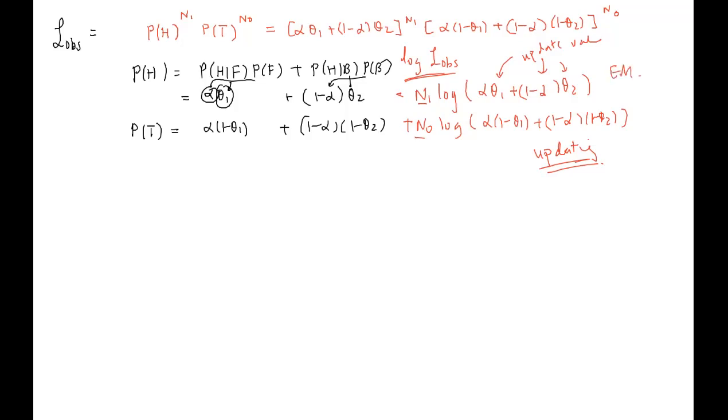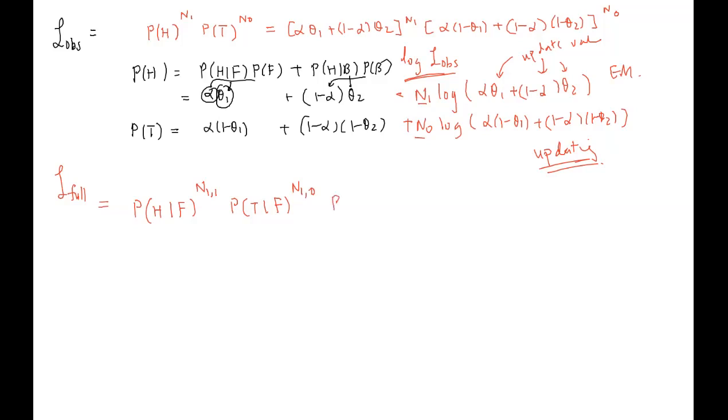But to get the EM started, we want to look at the full data. So the full data will be, we need to know from the fair coin, we get a hit, right? So how many of them, right? So N11. And then we have a fair coin, we get the tail. This is N10, right?